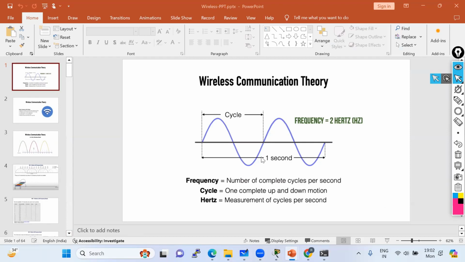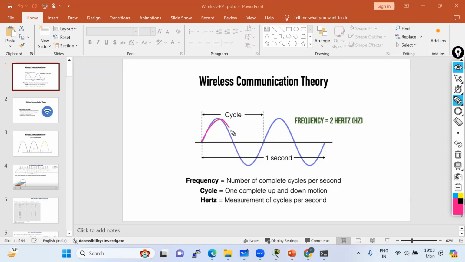So frequency is the number of cycles calculated per second. Your signal propagates from one location to another in terms of sine waves, and how many sine waves you capture in 1 second is known as your frequency. So number of complete cycles per second.